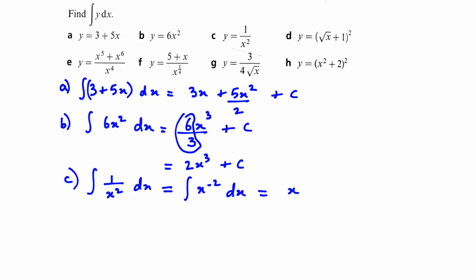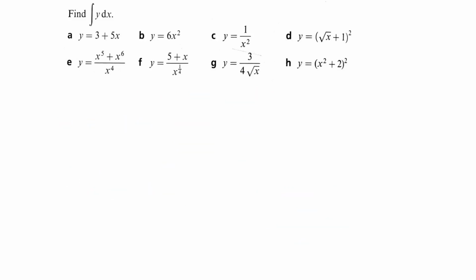Negative 2 plus 1 will give me negative 1. And I will divide it by negative 1, plus c. There's a 1 here, so 1 divided by negative 1 is negative x to the power of negative 1 plus c. It's better if you bring your negative powers down, so we will get negative 1 over x plus c.